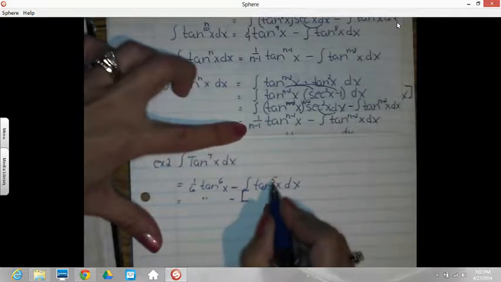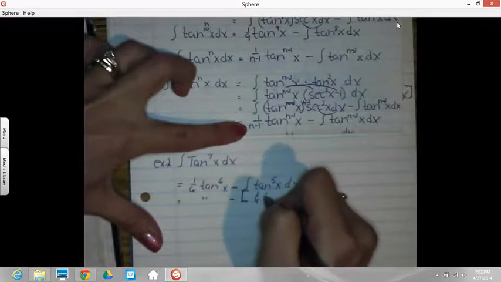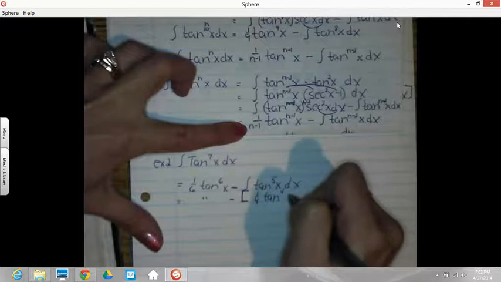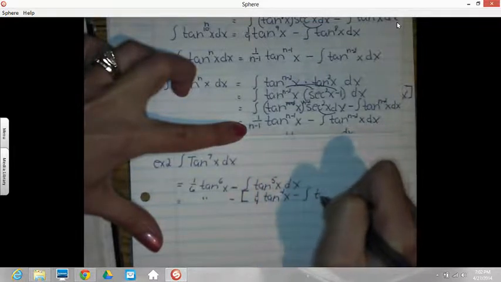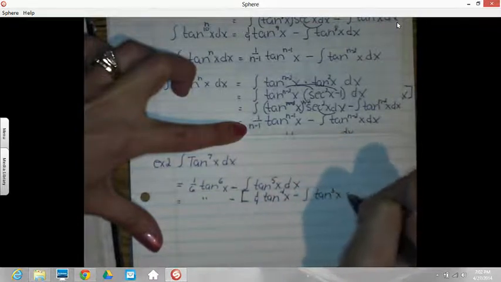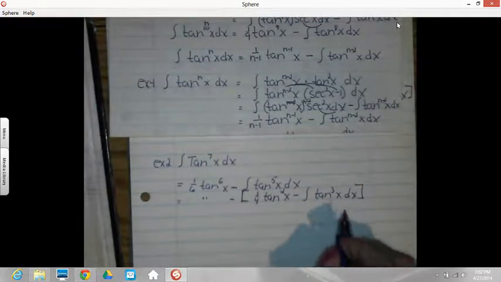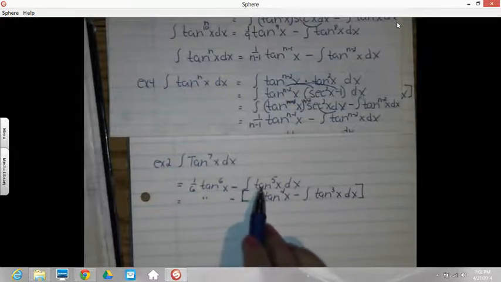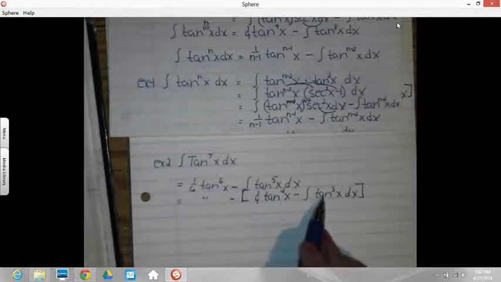So 1 over 5 minus 1 is 1/4, tan to the 4th x minus the integral of tan to the 3rd x dx. I'm going to stop and take a look and make sure I haven't made a mistake yet. Sine 6, 1/4 minus, okay.